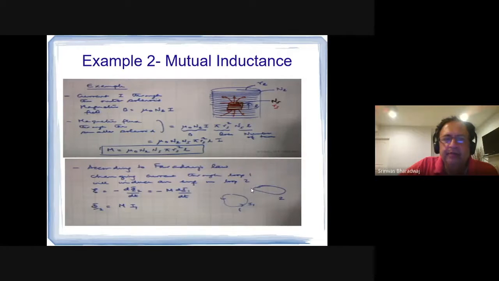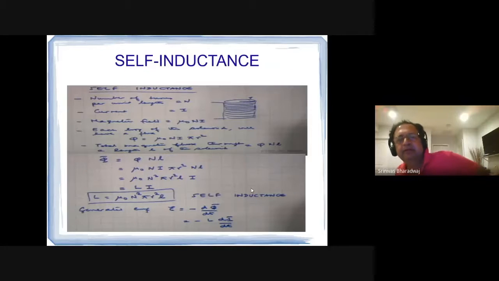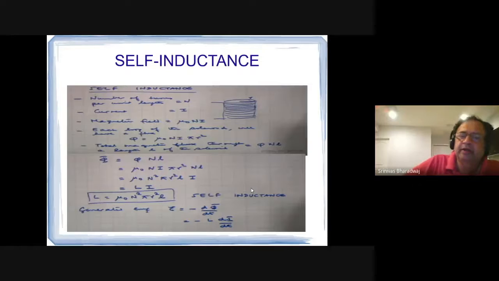Now let's move on. If you produce a field, it would then produce M times di1 by dt, and there was a common M, which was mu times n1 times n2 times pi r squared times L.